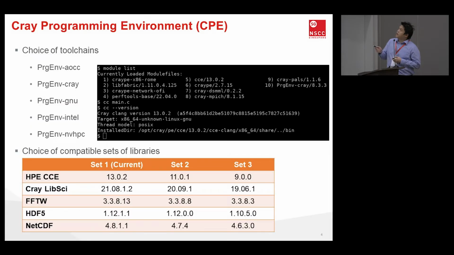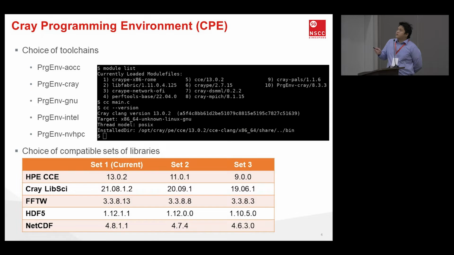So we have the Cray Programming Environment. ASPIRE 1 is not a Cray machine, so now it is a Cray machine, so there are certain things that you might need to get used to. One of them is the programming environment. By default, the Cray Programming Environment, PrgEnv-cray, will be loaded. You can switch to others by doing the module swap.